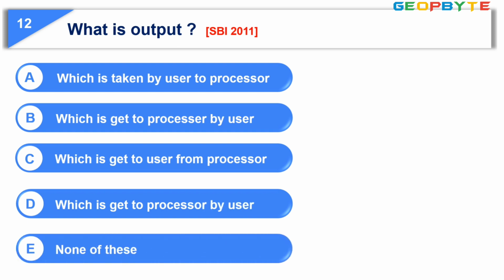Option E, none of these. And the correct answer is which is get to user from processor. The user gives certain input, the computer processes it, and produces a certain output to the user. So output is which is get to user from processor.